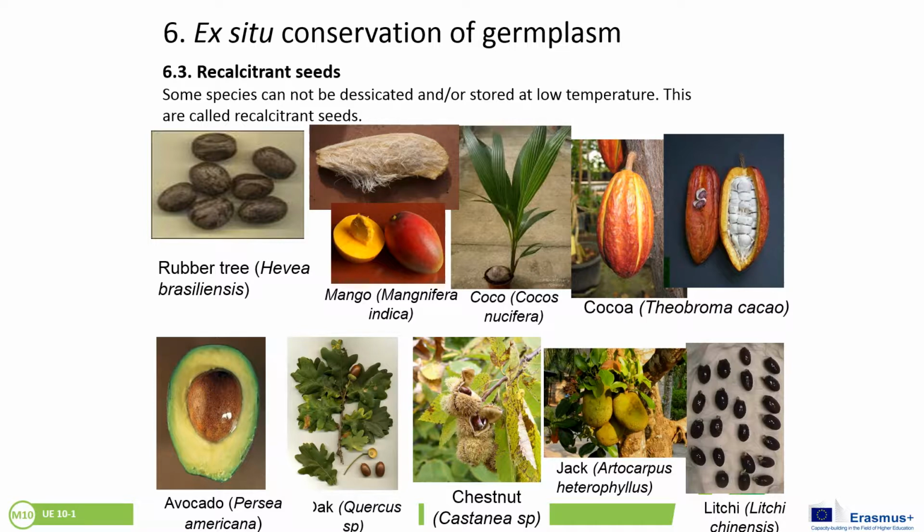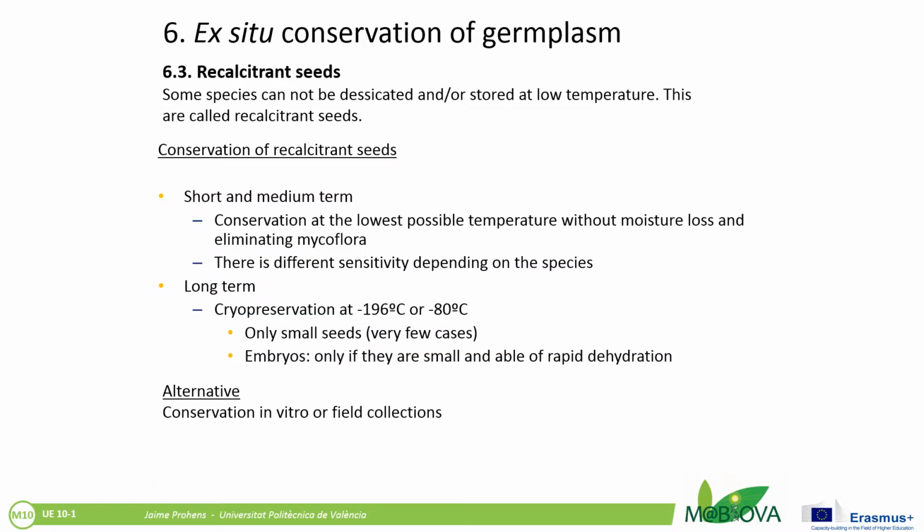On many occasions, recalcitrant seeds are fleshy seeds and therefore do not tolerate desiccation. The conservation of recalcitrant seeds can be performed at a short and medium term. In this conservation, the seeds are conserved at the lowest possible temperature without moisture loss and eliminating mycoflora. However, there is a different sensitivity depending on the species.